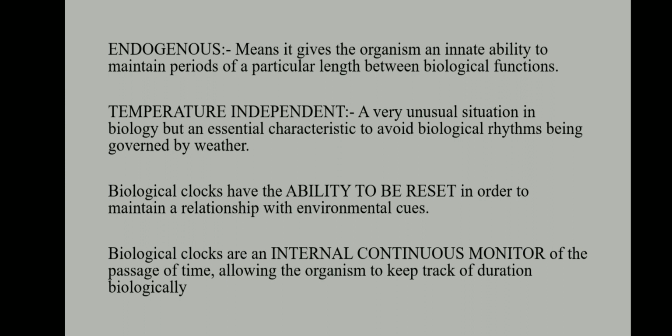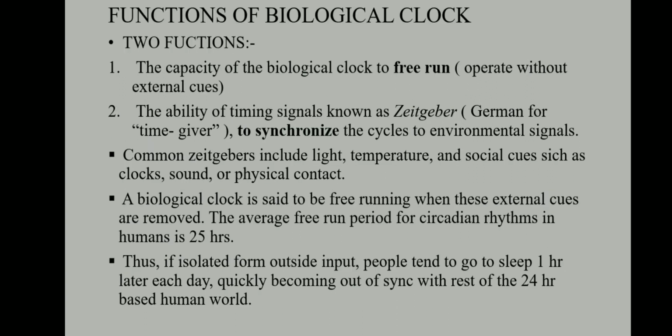Then temperature independent, a very unusual situation in biology but an essential characteristic to avoid biological rhythms being governed by weather. Biological clocks have the ability to be reset in order to maintain a relationship with environmental cues. Then biological clocks are an internal continuous monitor of the passage of time, allowing the organism to keep track of duration biologically.